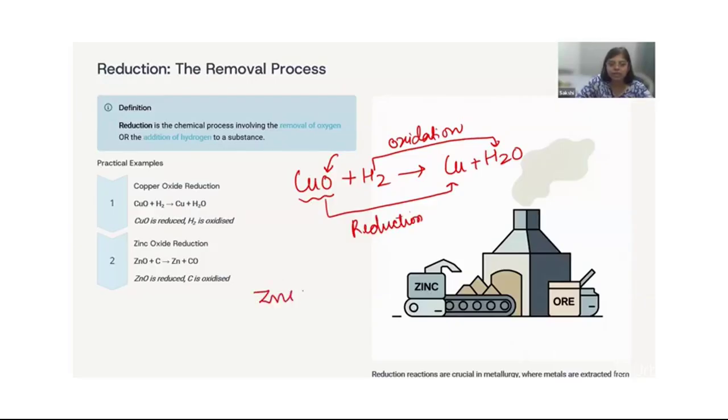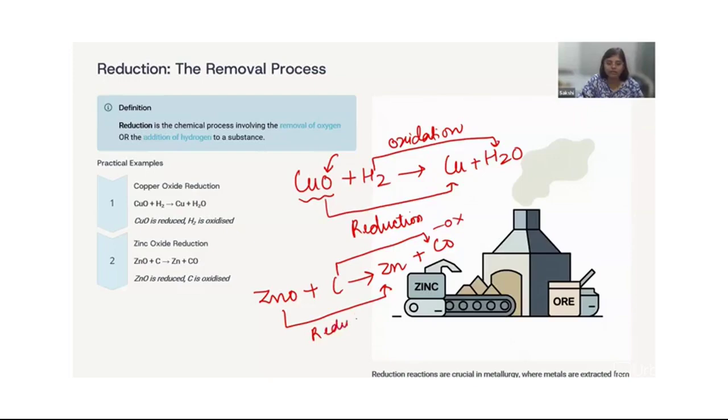If I have zinc oxide and I react it with carbon, I get zinc plus carbon monoxide. Zinc is getting reduced. What is reduction? Removal of oxygen, right? So oxygen is being removed here, and oxygen is added here. So this is oxidation and this is reduction.